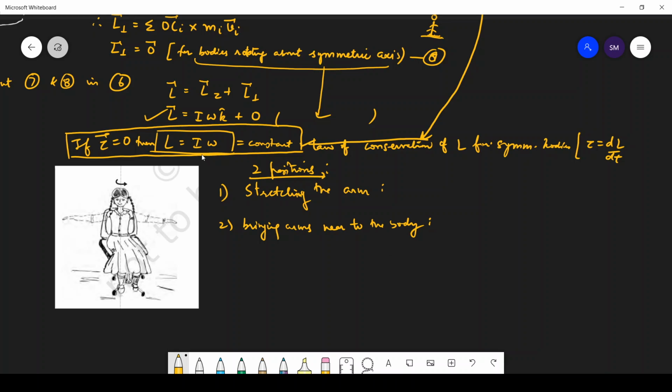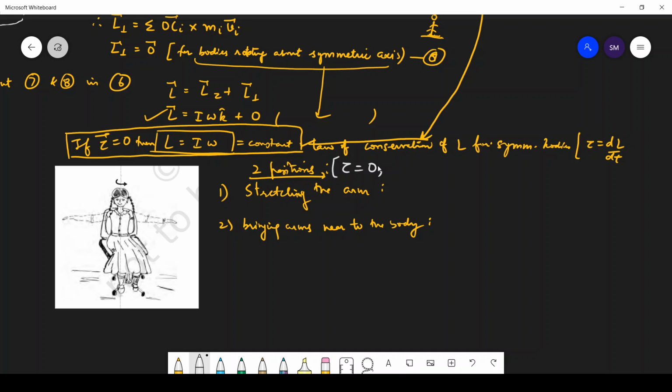So how is it impacting this L? In both positions we can see that there is rotation about the symmetric axis, so in both positions L is constant. What are the conditions that we need for this law of conservation? What are the two suppositions? First, L can only be constant if there is no external force applied on the body. Nobody is touching this girl, and we are considering the air resistance as 0.